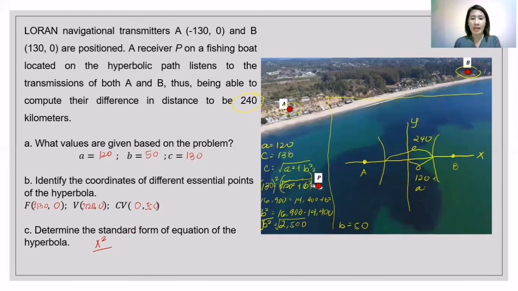We have solved a squared to be 14,400, minus y squared over 2,500, equals 1. So that is already our equation.